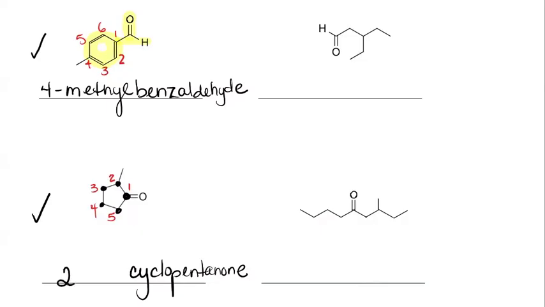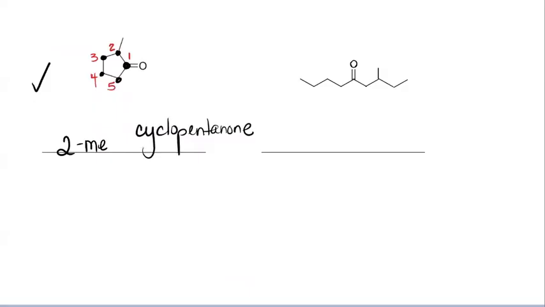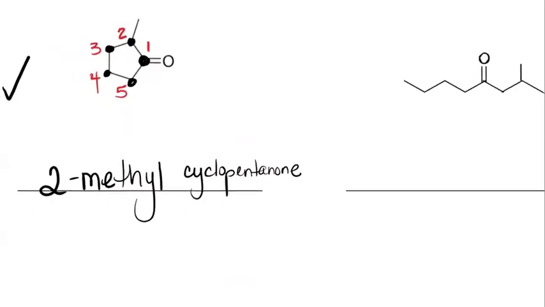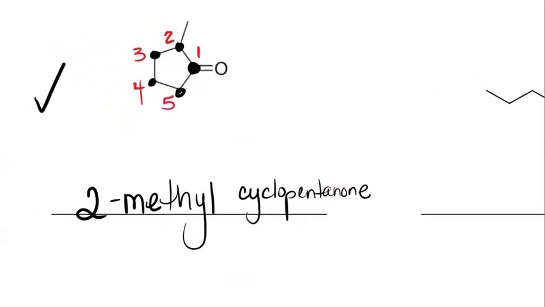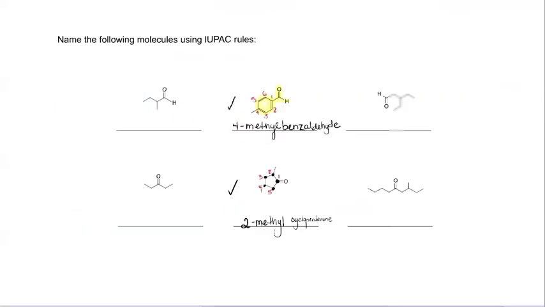On carbon number 2, I have a methyl group. So the correct name for the following molecule is 2-methyl cyclopentanone.